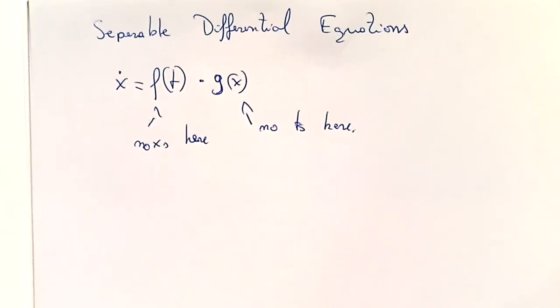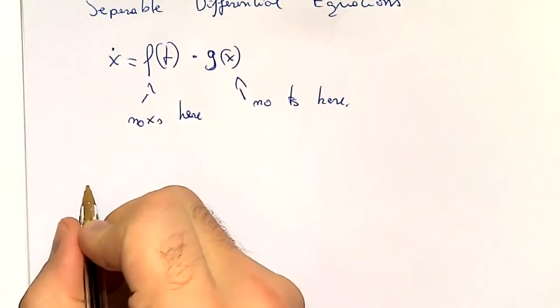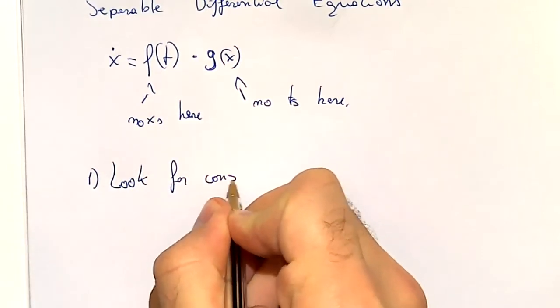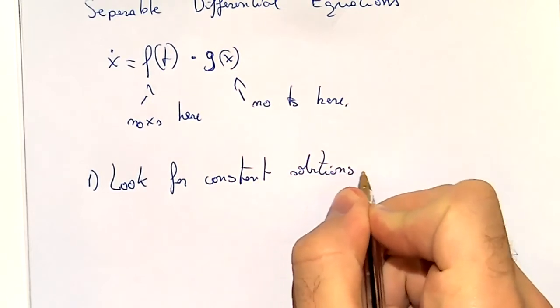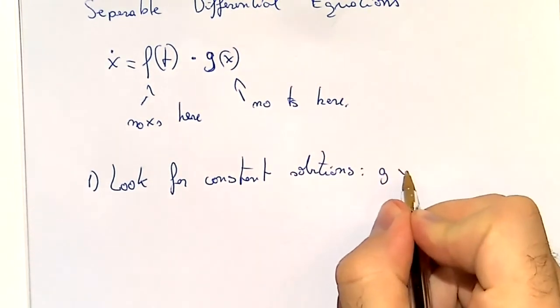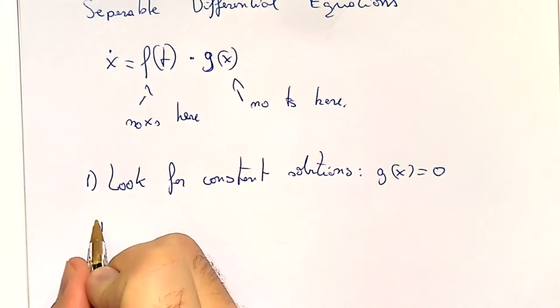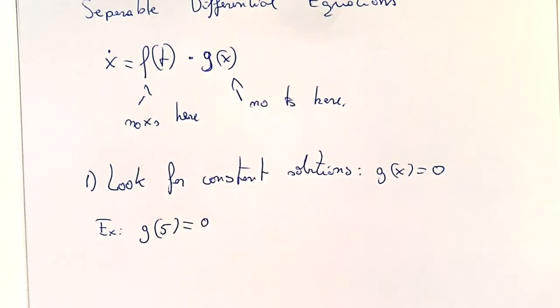Okay, first of all, the first step is to look for constant solutions. What are these constant solutions? It means g(x) is equal to 0. Let's say, as an example, you find g(5) is equal to 0.